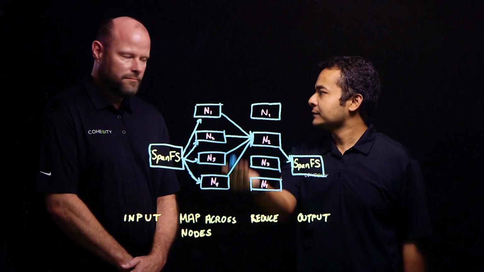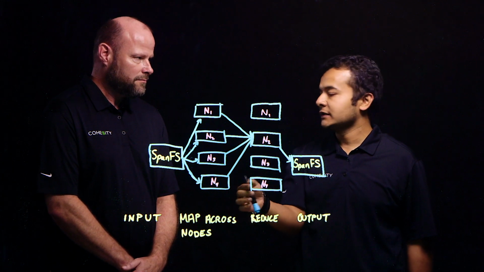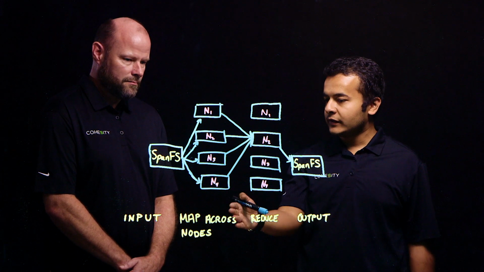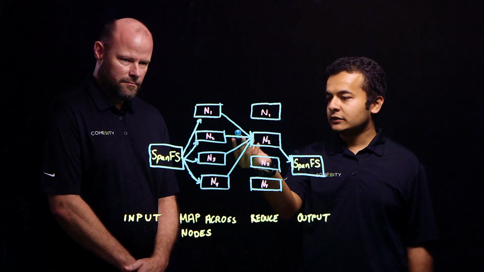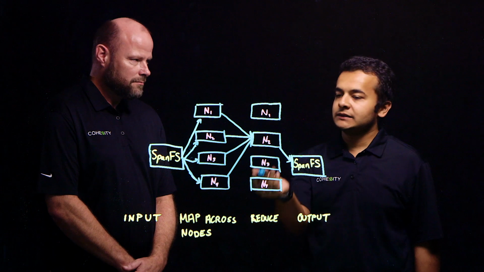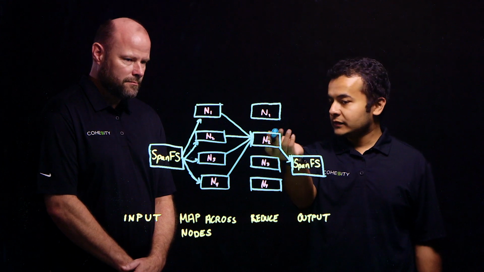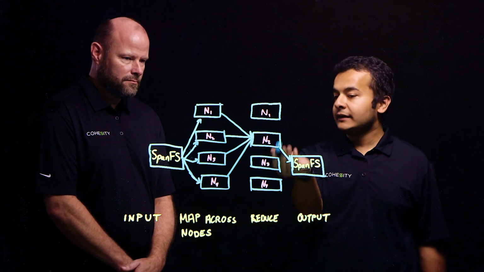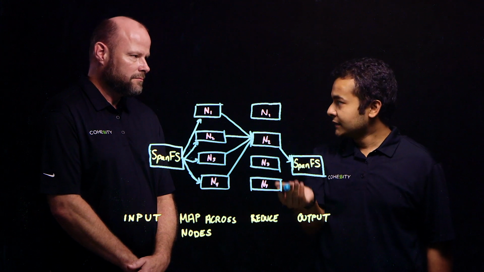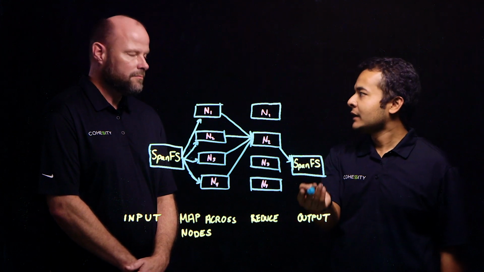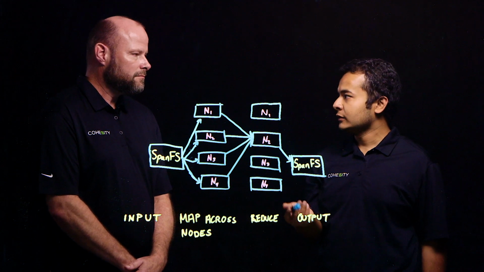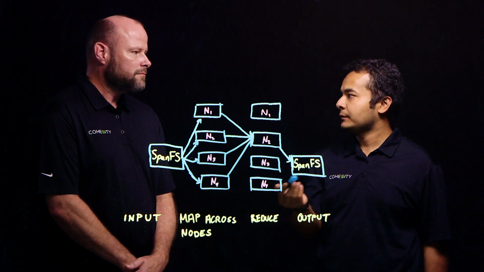Essentially this is the map step, where the query is sent to each of the nodes, and then all the files on those nodes are scanned. Then each of the nodes passes the output for its particular search to one node, where it reduces all the results from each of the nodes and aggregates the output back to SpanFS. This is the output that you see on the AWB UI after an app run.